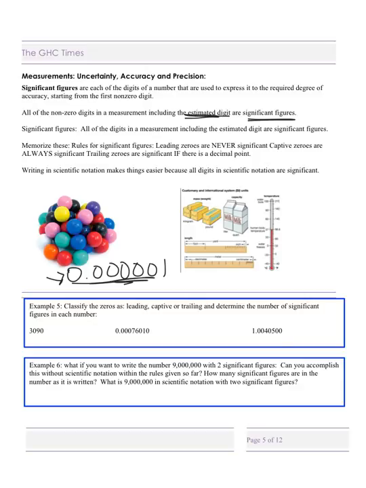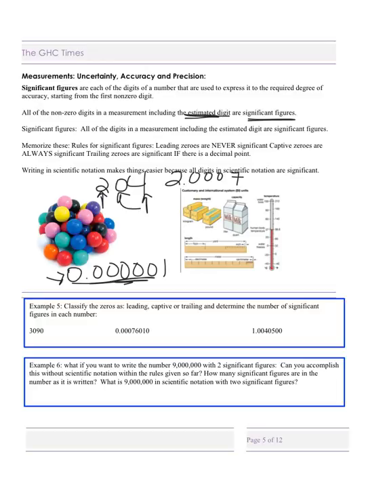The second kind of important zero is called a captive or sandwich zero. Those are zeros that are in between two numbers that aren't 0. So for example, 204. This zero is a captive or sandwich zero because it is bracketed on either end by two numbers that are not 0.